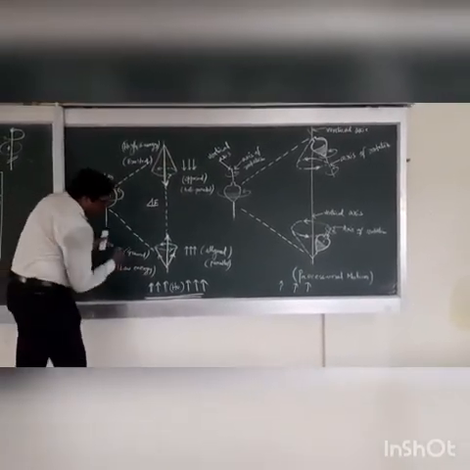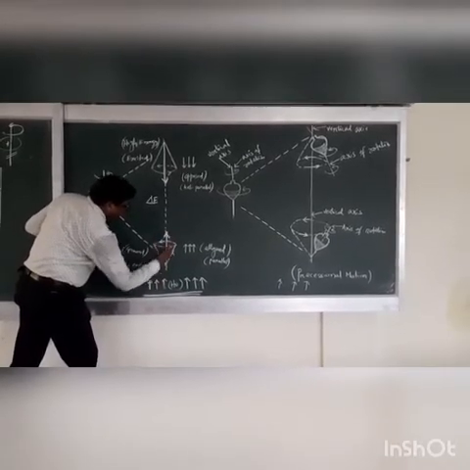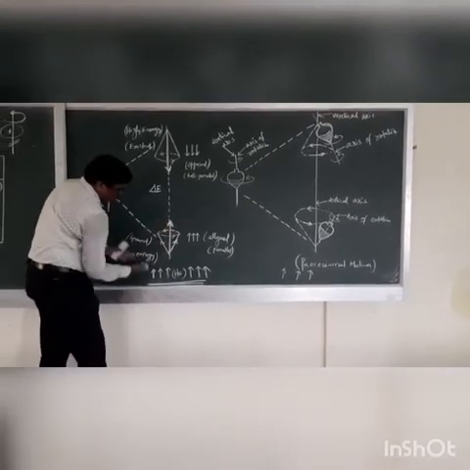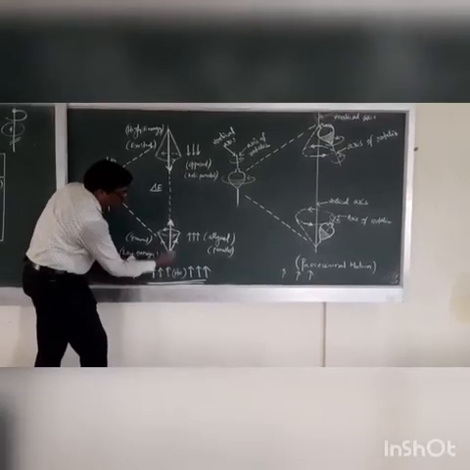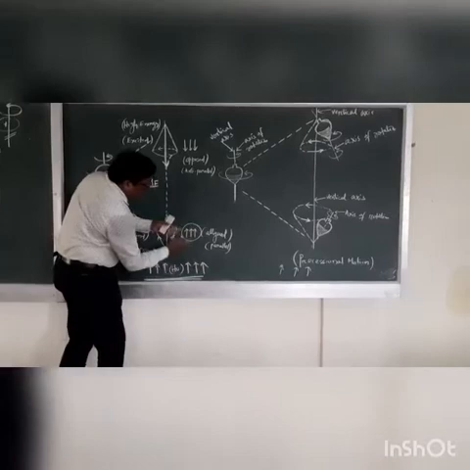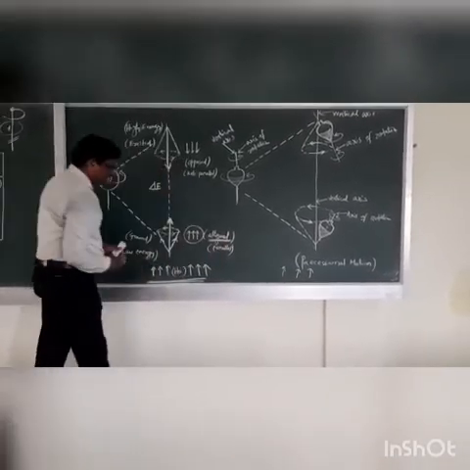Now see, the direction of the magnetic field of the precessing nucleus is towards the top, and at the same time the direction of the external magnetic field is also in the same direction. Both are parallel, and this case is known as aligned.